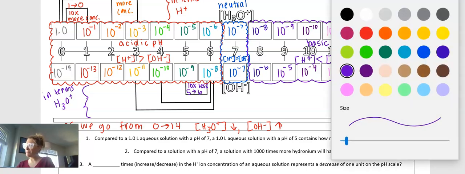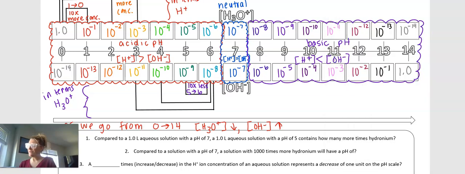What about going from a pH of 4 to 6? Okay, 4 to 6. I'm going to be 100 times less concentrated. Again, a pH of 4 has 100 times more H plus than a pH of 6.